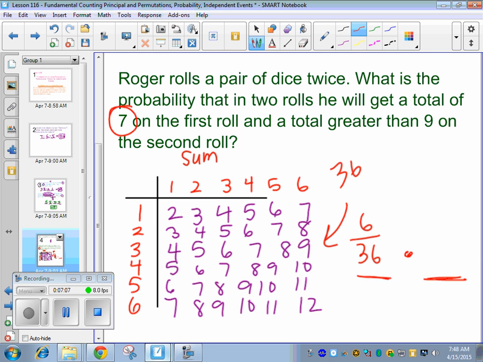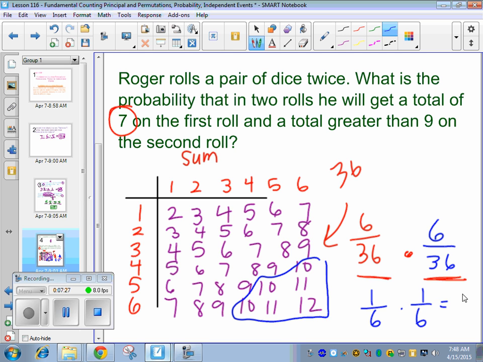And a total greater than 9 on the second roll would be a 10, 11, or 12. That is also 6 out of 36. If we reduce, that's 1/6 times 1/6, so a 1 in 36 chance of getting a 7 on the first roll and a number greater than 9 on the second roll. If there's more than one thing, multiply your choices together.